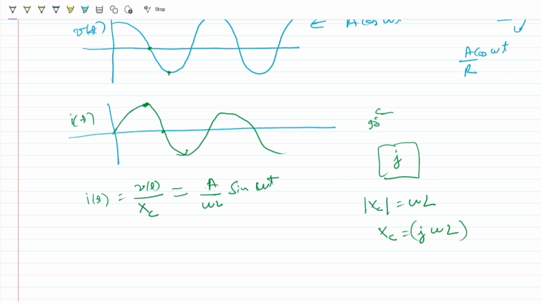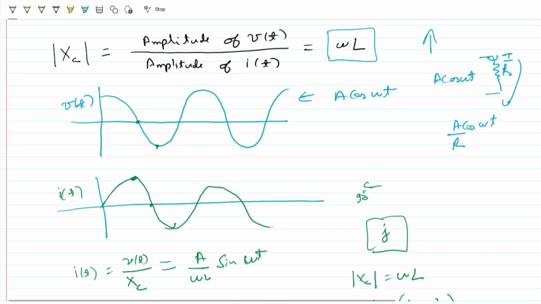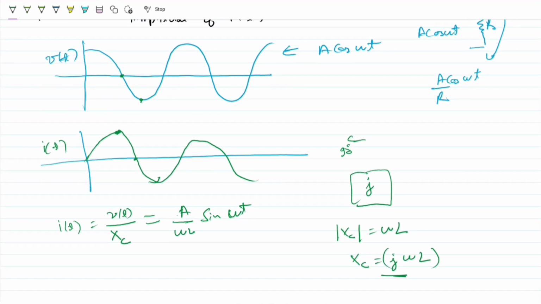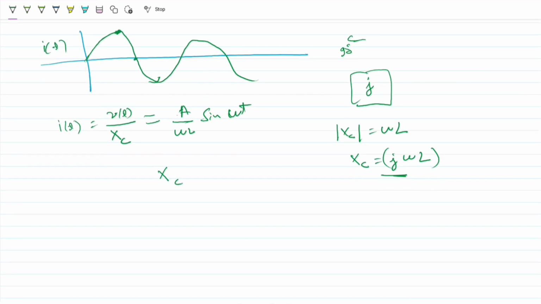The significance of J is the change in phase from cos to sine of omega t. That is why the reactance of an inductor is defined as J times omega L, where omega L is the scaling of the amplitude and J denotes the change in the phase of the current.